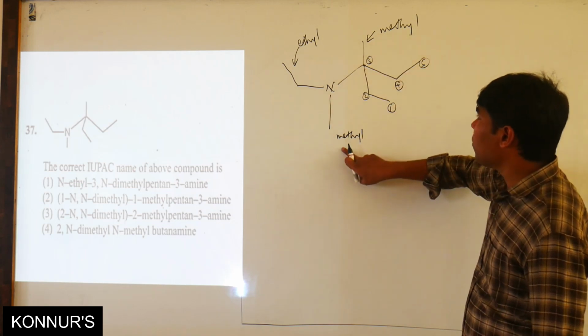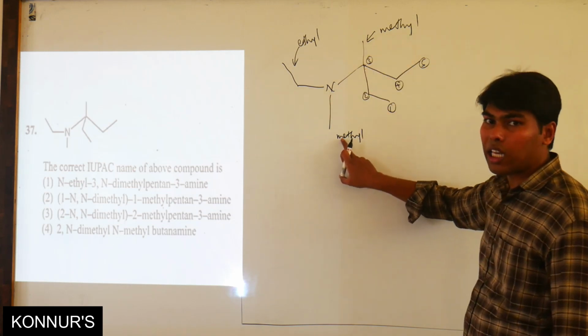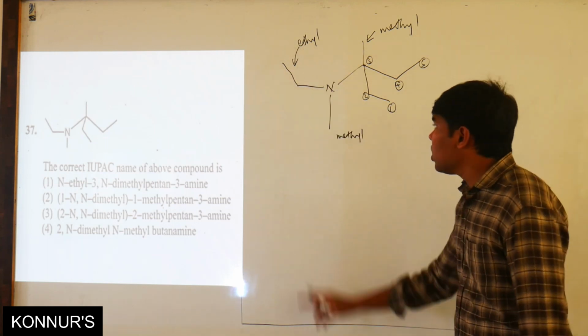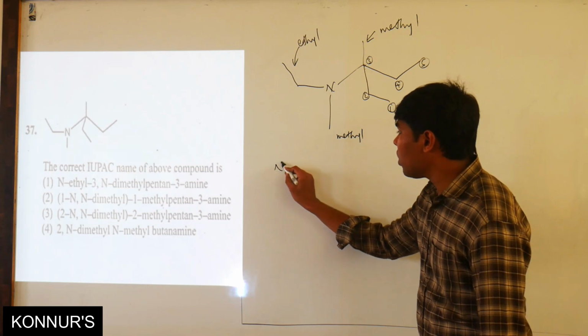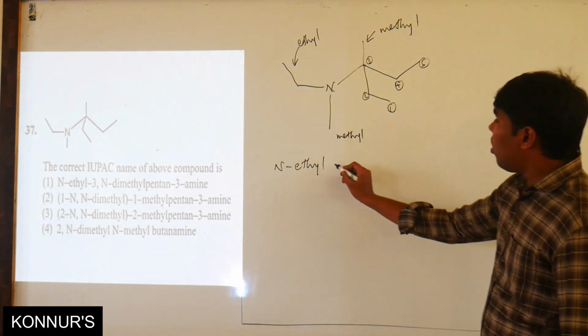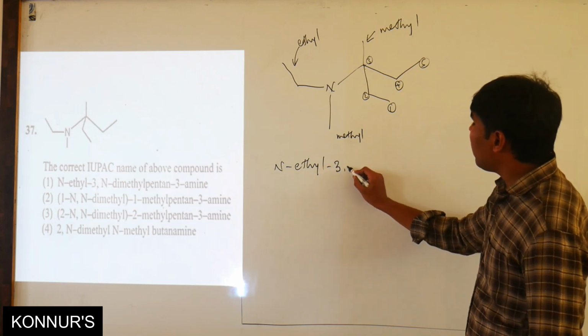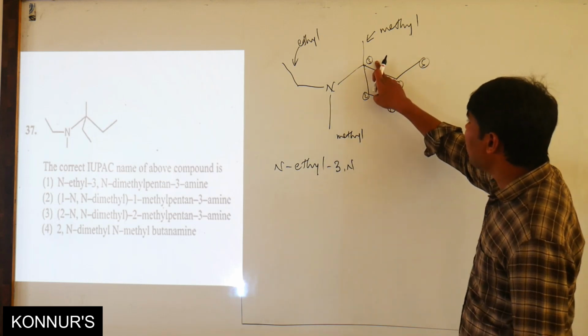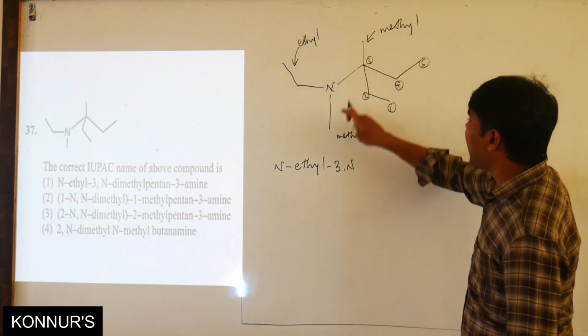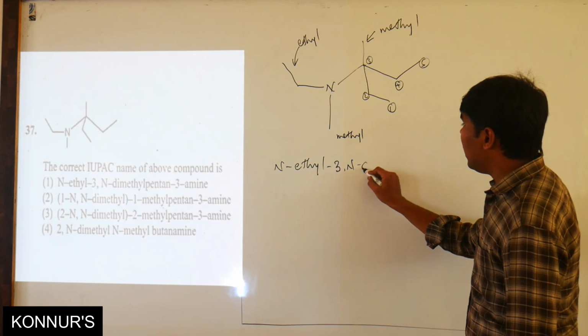Methyl starts with the alphabet M, and the ethyl group starts with E. So on nitrogen there is an ethyl, and on the third carbon and even on the nitrogen there are two methyls. So 3, N-dimethyl.